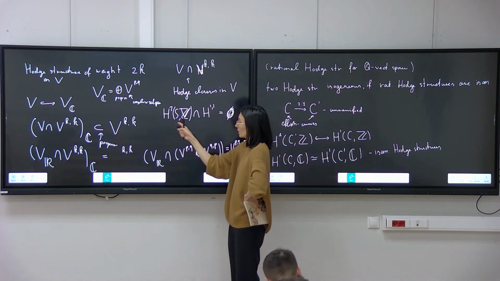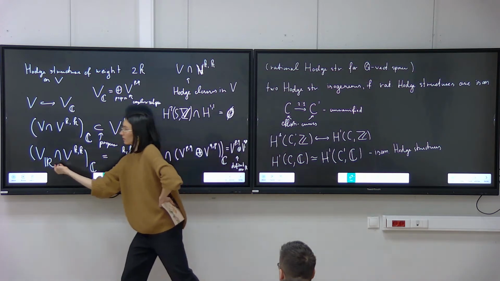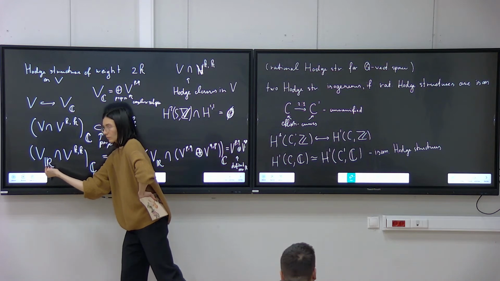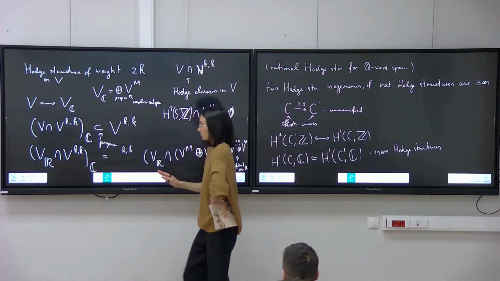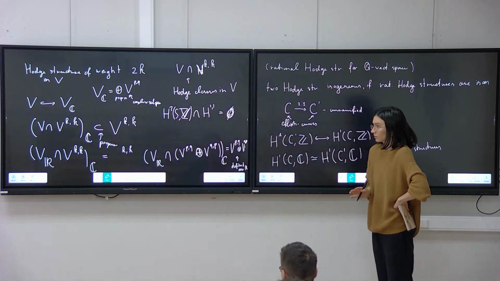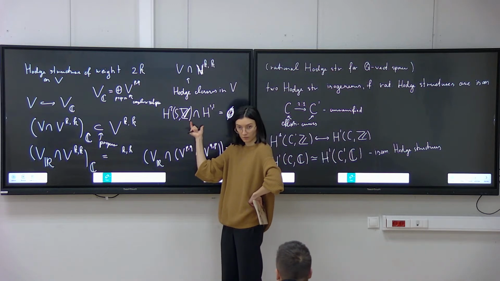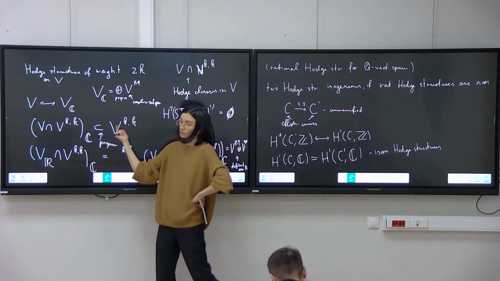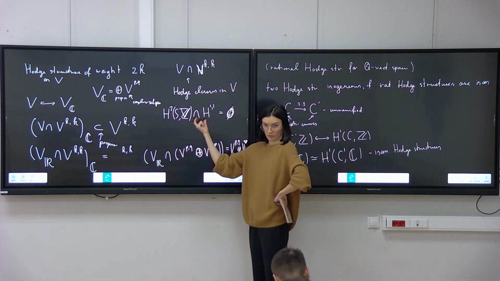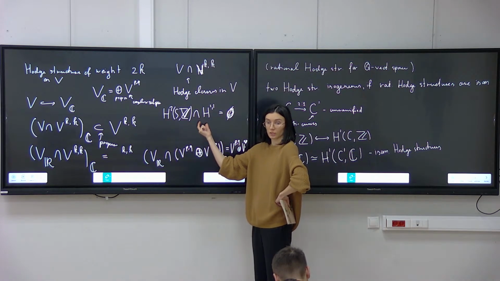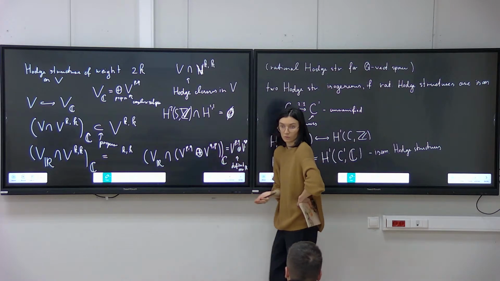Because here we should take intersection with integral part, okay? And here we take real part, okay? Is it always proper? No. If we have maximal Picard rank here, right, then it will coincide. This depends on how big this intersection is. Sometimes it's maximal, but sometimes it's just 0. Okay.